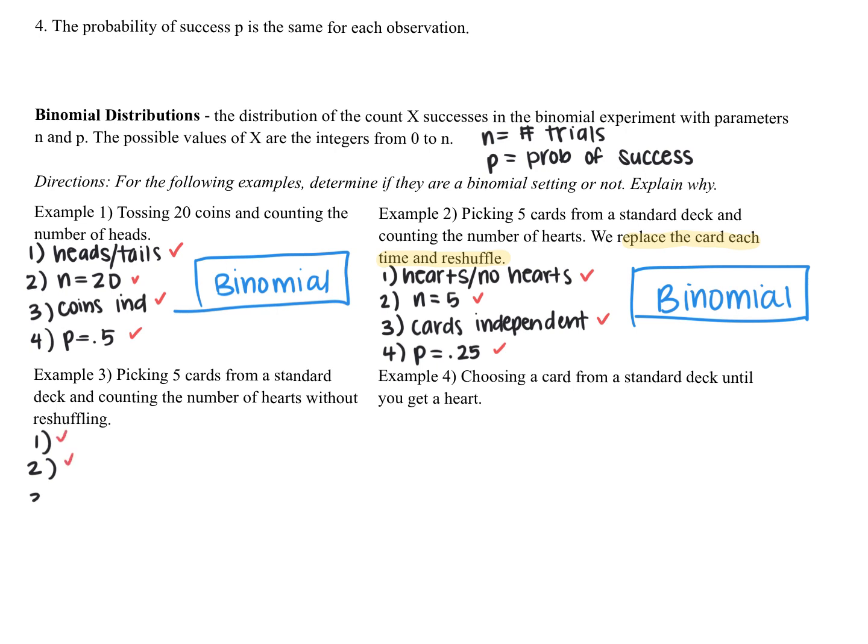The issue becomes in conditions 3 and 4. Now my cards are no longer independent and my probability of success is not 0.25 because you are not reshuffling. So now it is not a binomial distribution anymore.